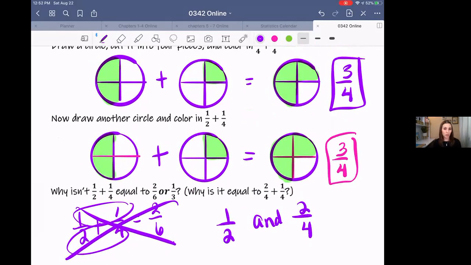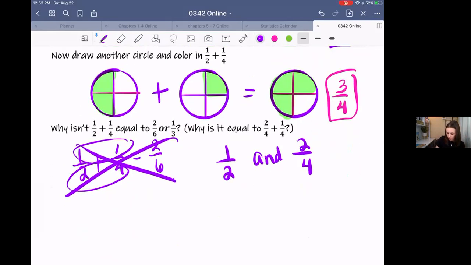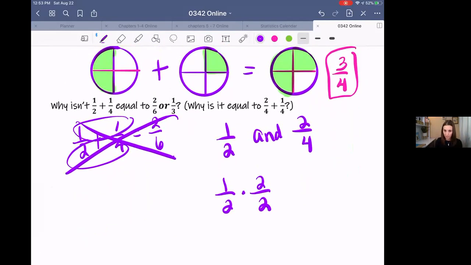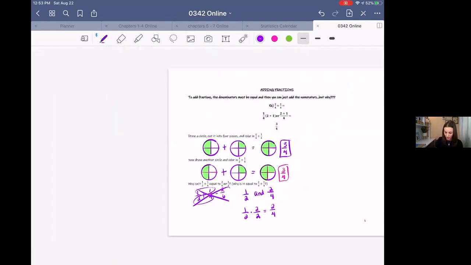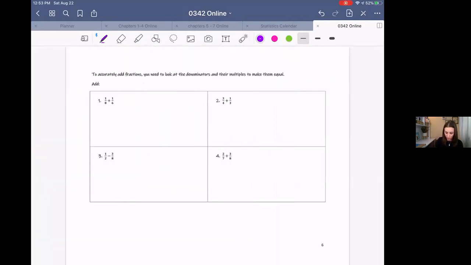So 2/4 is just a blown up version of a half. If I went through and multiplied a half by 2 on the top and bottom to keep it balanced, then I would get 2/4. So we can use that in the future examples.